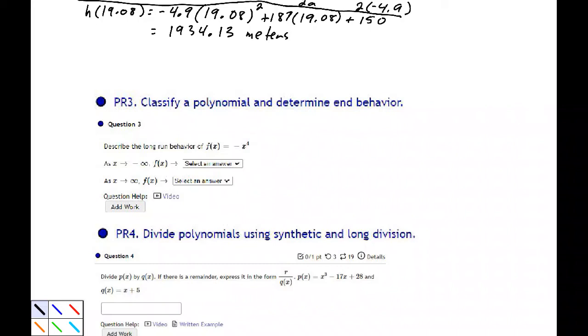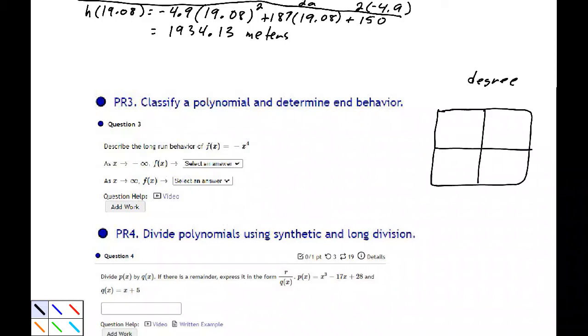I want to draw this little chart that I put in our notes. So there are 4 possible options here. We either have, talking about the degree, an odd degree or an even degree. And for our leading coefficient, which I'm going to write as LC, we either have one that is positive or one that is negative.